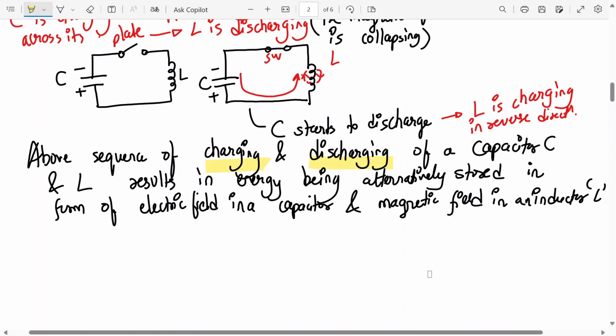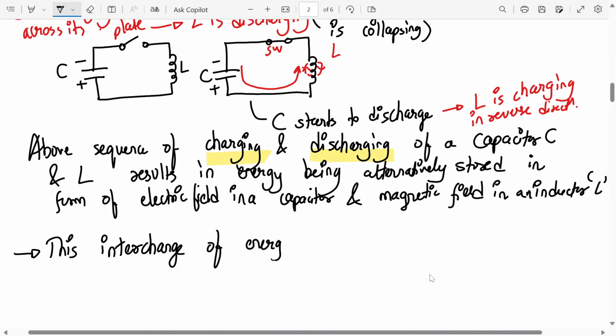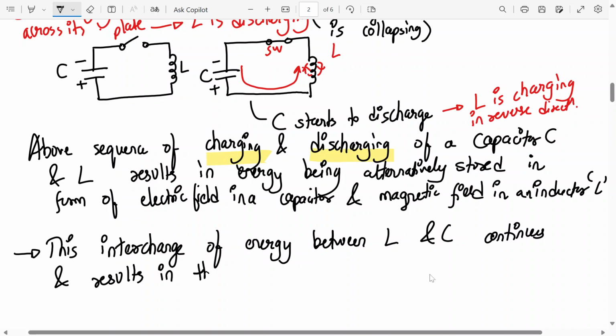The charging and discharging of a capacitor and inductor will result in energy being alternately stored in the form of electric field and magnetic field. So this interchange of energy between L and C continues, and it results in the production of oscillations.